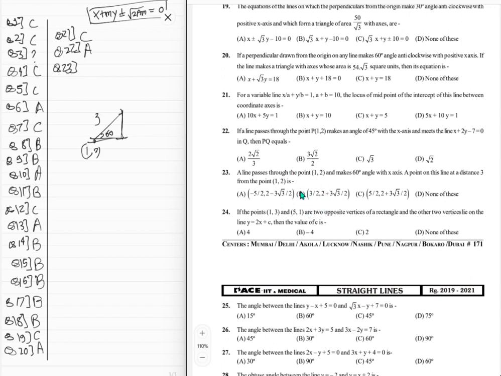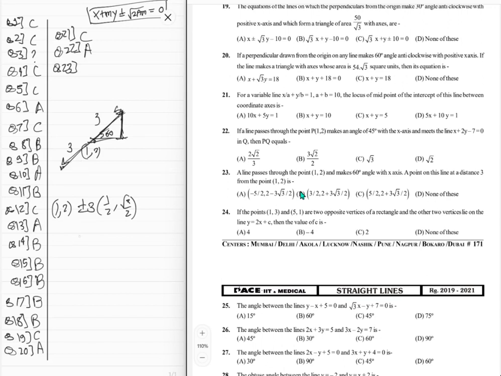It could also be on the other side, so this would be 3. Sine is square root 3 by 2, so it's like 3 into square root 3 by 2 comma 1 by 2. No, sorry, 1 by 2 comma 0. So this is the vector, actually plus minus of that. Then 1 comma 2 plus this vector gives us the points.